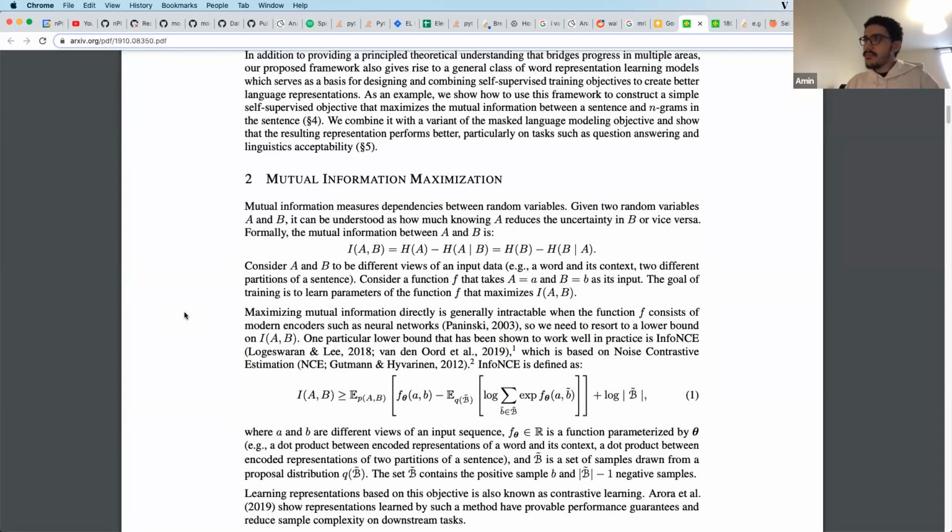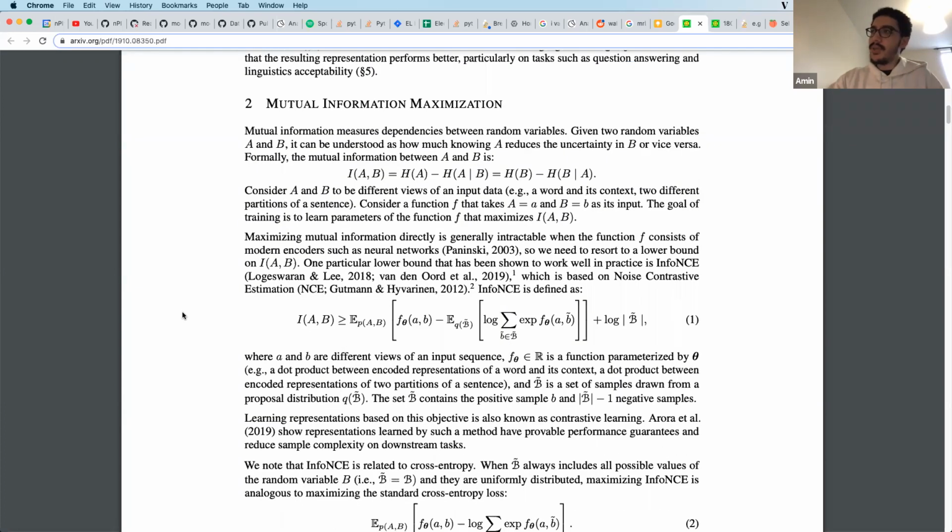So I guess we can start with, well, what is mutual information? As a reminder, mutual information between two random variables describes how much seeing one of them realized reduces the uncertainty in the other.